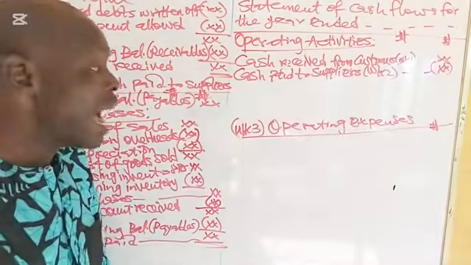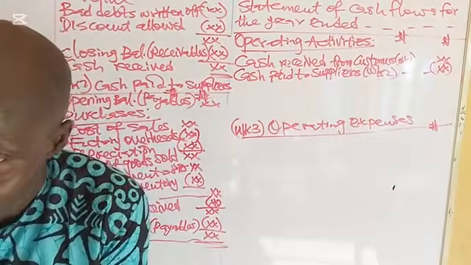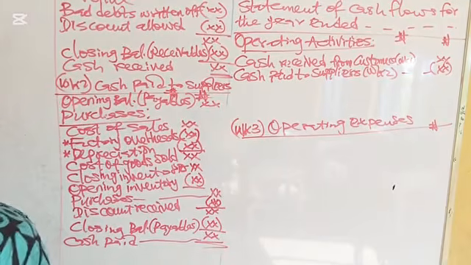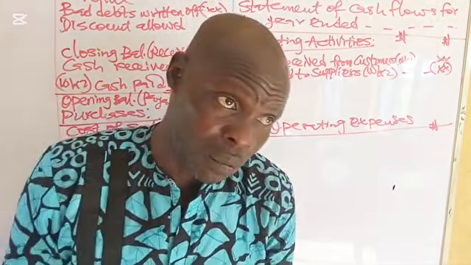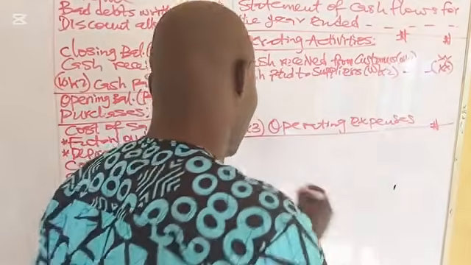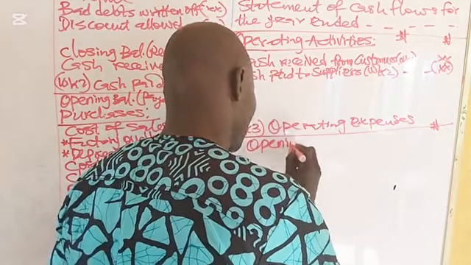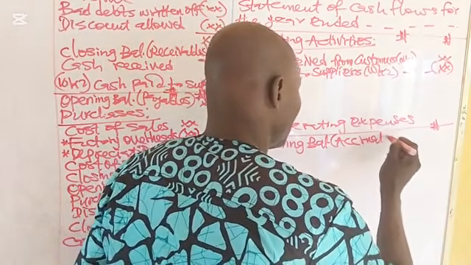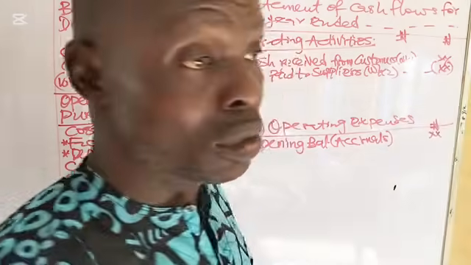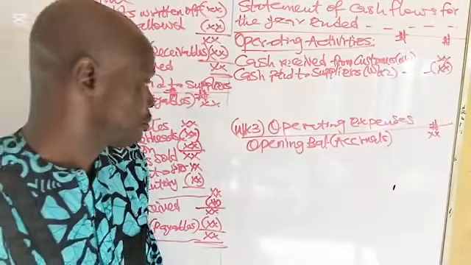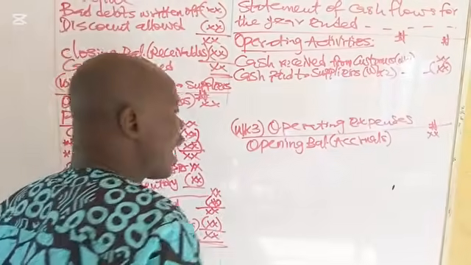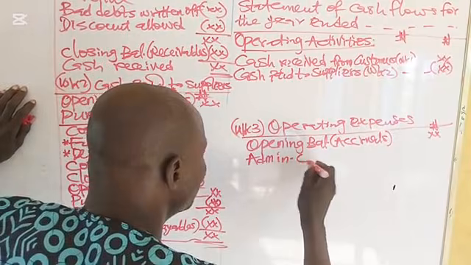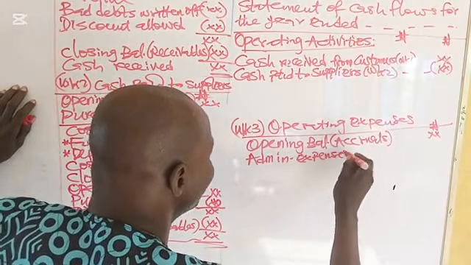Now, the items we normally adjust in expenses are accruals or prepayments. So if you have accruals, opening balance, accruals, those are the adjustments. You already know what it means. Then administrative expenses, admin expenses as per the trial balance.